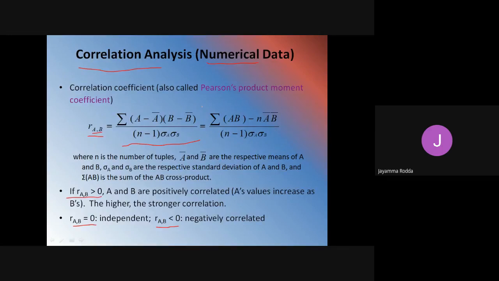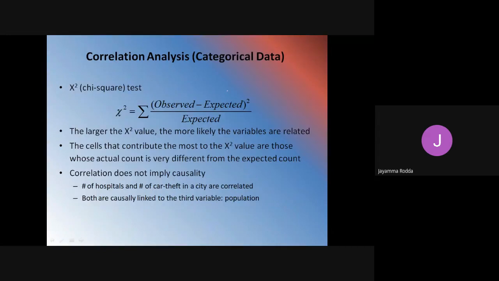There is another method called the chi-square test. In this chi-square test, there will be observed data and there will be expected data.